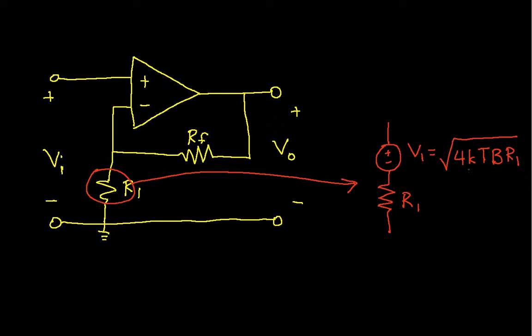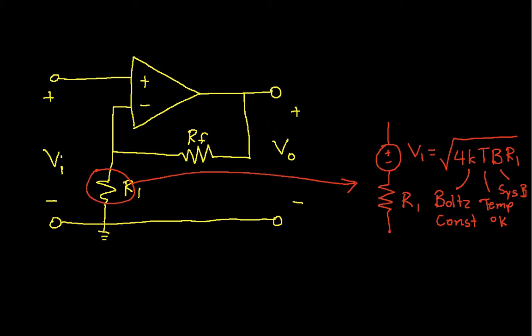Where k is Boltzmann's constant, T is the temperature in degrees Kelvin, and B is the system bandwidth, in hertz.